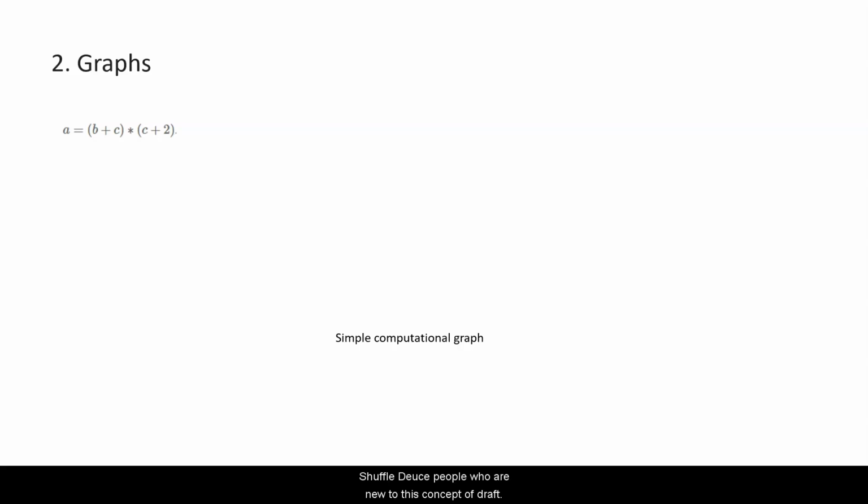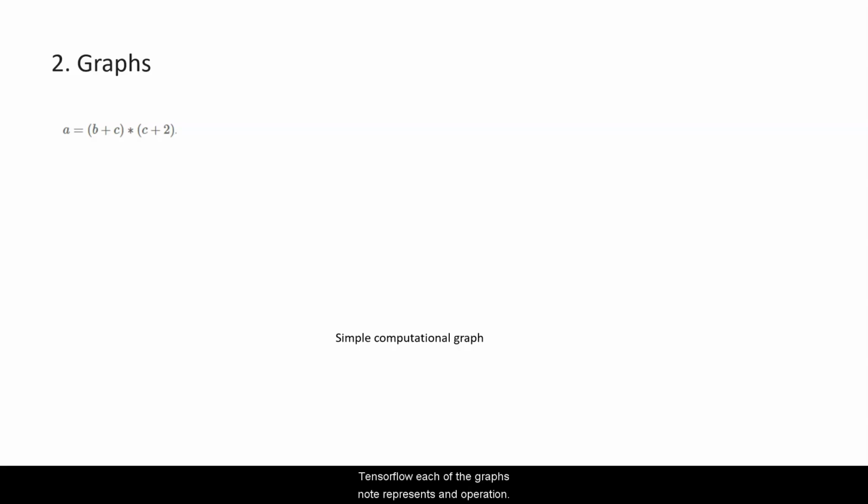Now, for those who are new to this concept of graph, a graph is nothing but a set of interconnected entities commonly called nodes or vertices. And these nodes are connected to each other through edges.